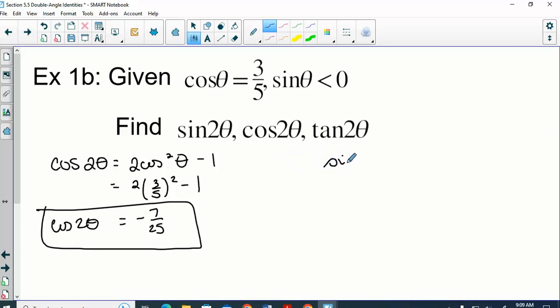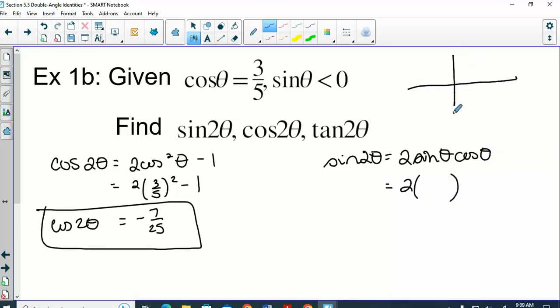For sine 2 theta, we don't have formula options. So we have to use 2 sine A cosine A. So we have to have both sine and cosine to use that. So we need a triangle. Cosine is positive, so that's either quadrant 1 or 4. Sine is negative, so that means it's quadrant 4.